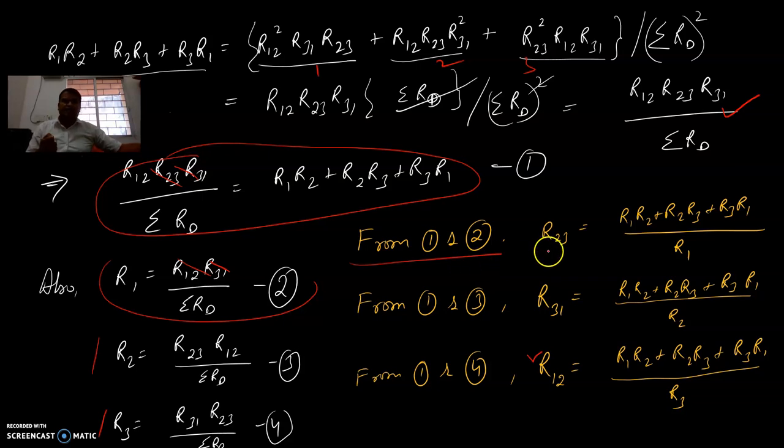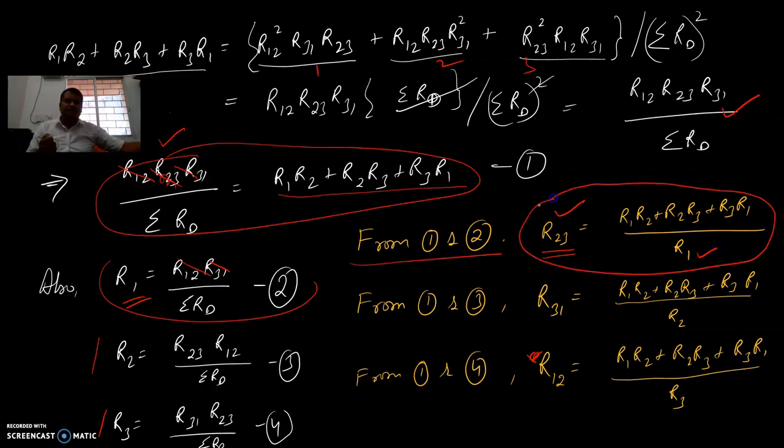Here we are adding R23, and R23 is over here, so I just did it wrong here. This will cancel out and R23 will remain. So R23 is equal to this entire term divided by the term R1. This is what we get if we take equation 1 and equation 2.